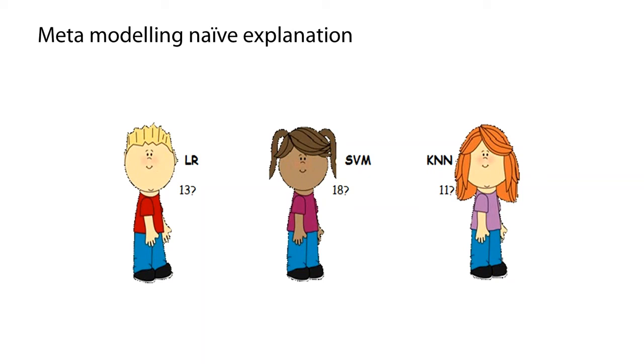The algorithm is unique in each case, so the way they get to the answer is different. They hope they can get to a better answer by combining the different predictions, by combining the different outputs. And this is a very simple form of ensembling. Ensembling in this case means combining models.